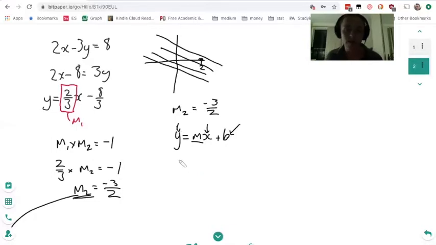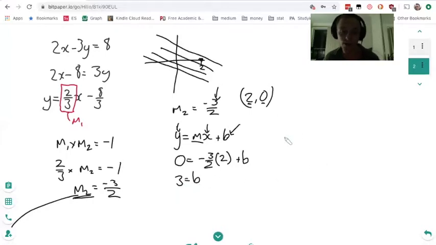So for the point (2, 0): y is 0 equals -3 on 2, that's my gradient, times x is 2, plus b. This term here is -3. If I add 3 to both sides, I have b equals 3. So my equation should be y equals negative 3 on 2x plus 3.